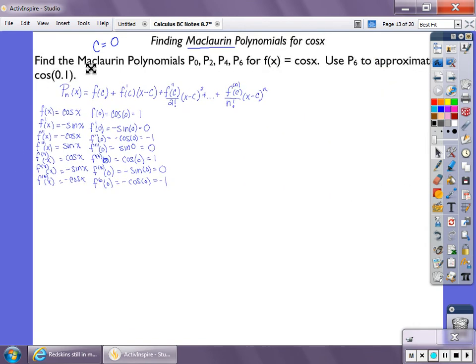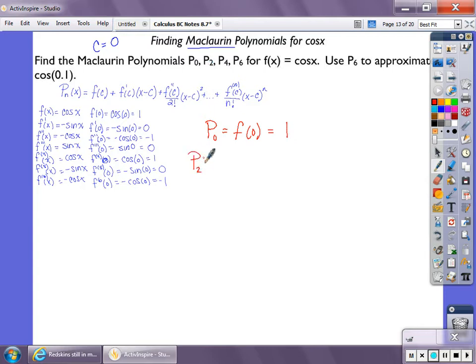Okay. So we need to find, the first thing is p sub 0. I'm going to start writing up here: p sub 0 is just f evaluated at 0. It's the constant. And so p sub 0 is 1. Now we want to go straight to p sub 2.